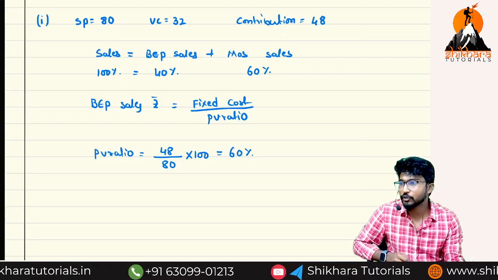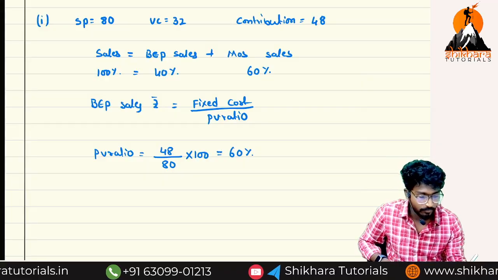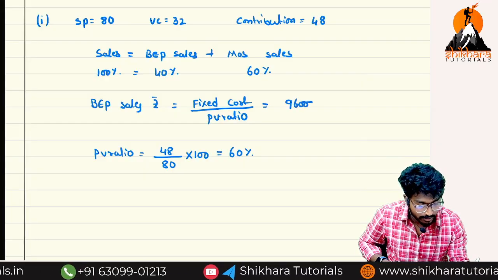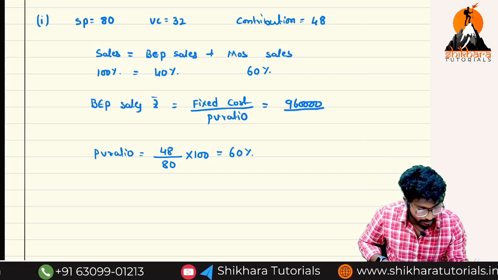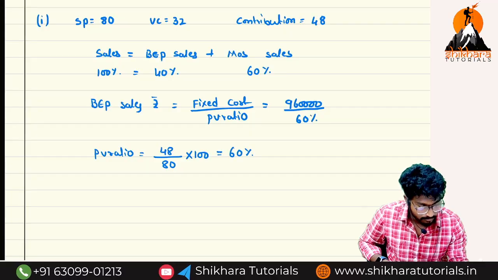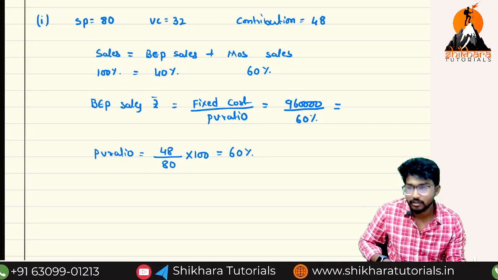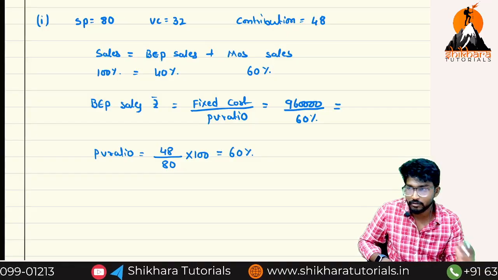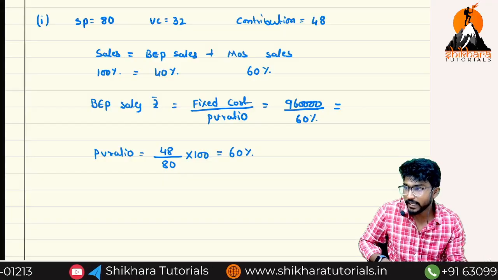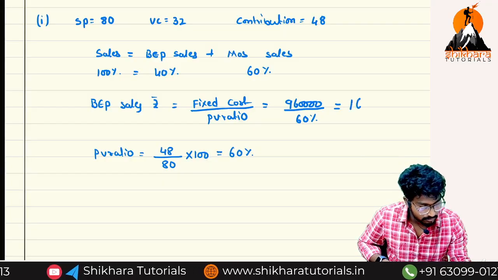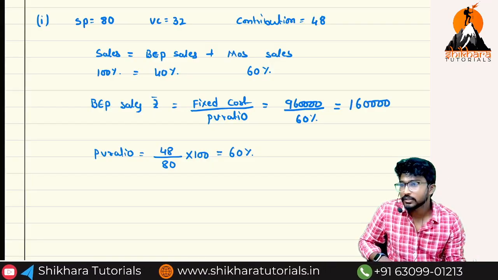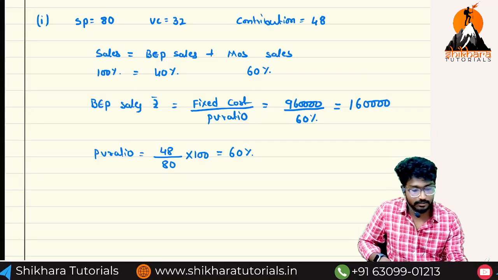How you will get PV ratio? Contribution divided by sales. Now what is the fixed cost we have? 9,60,000 divided by 60%. That comes to, what is the amount of BEP sales? 16 lakhs. 16 lakhs is our BEP sales.